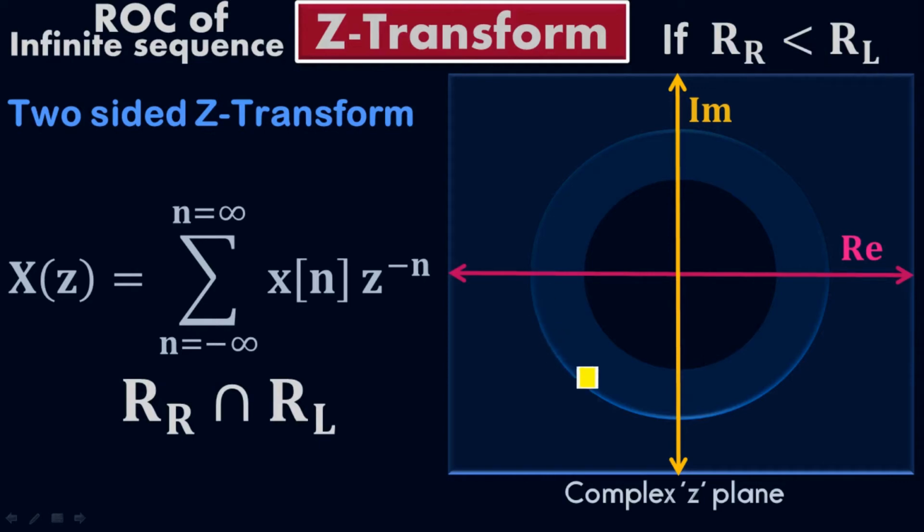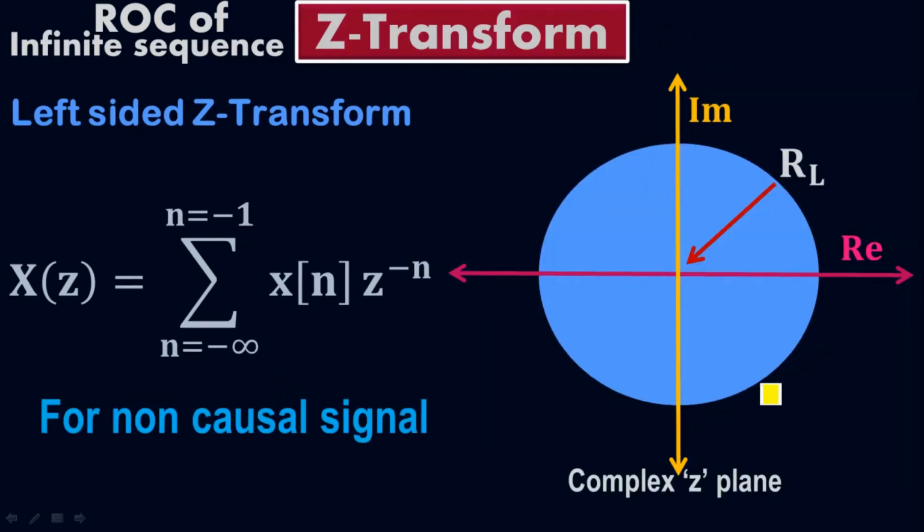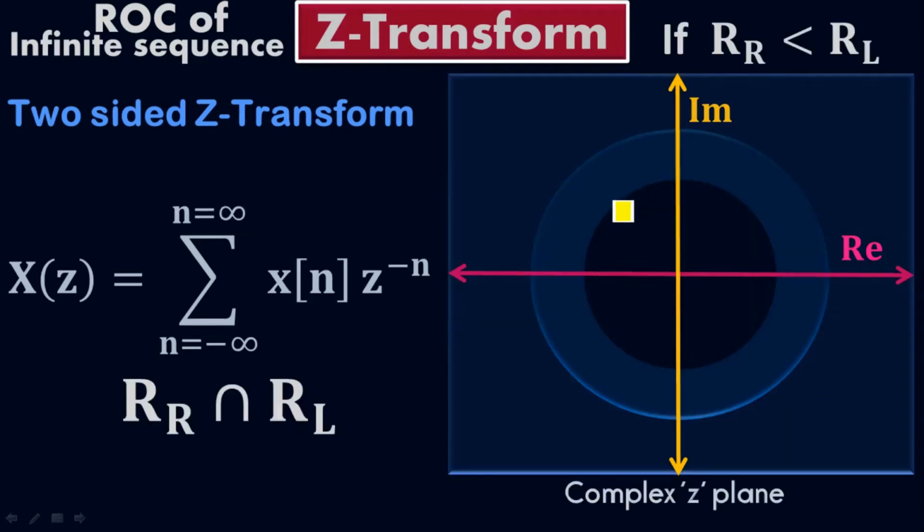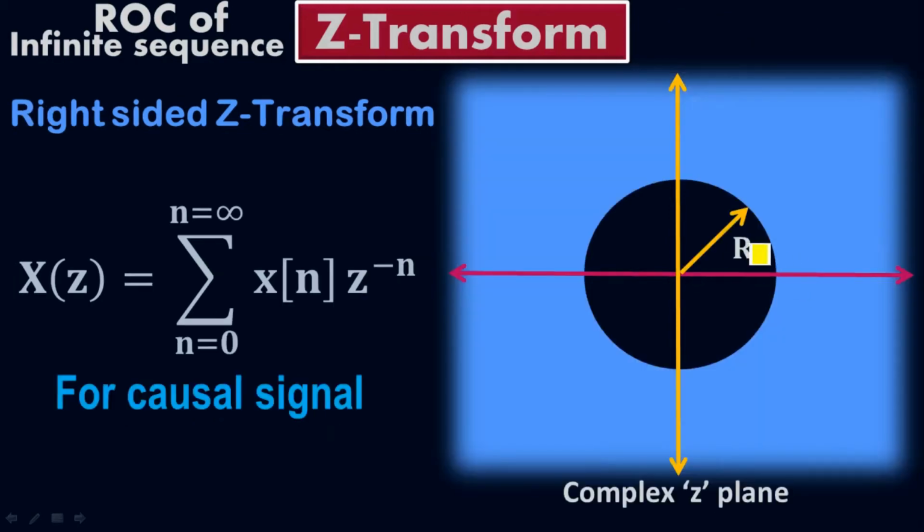This is the region of convergence for the left-sided Z-transform. If you remember, this was the region of convergence for the left-sided Z-transform, and its radius was R sub L. Similarly, when you look at this black region, this was the radius for the right-sided Z-transform. Remember, my R sub R was here, from here up to here.